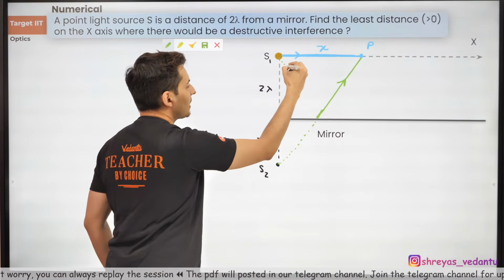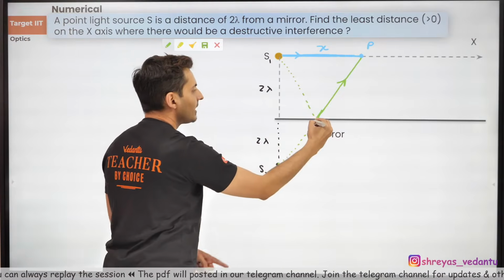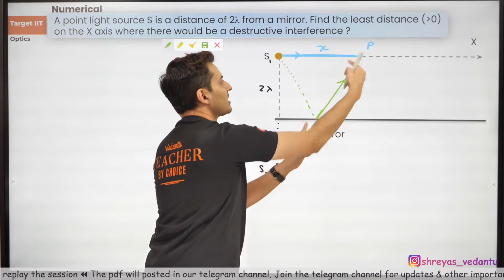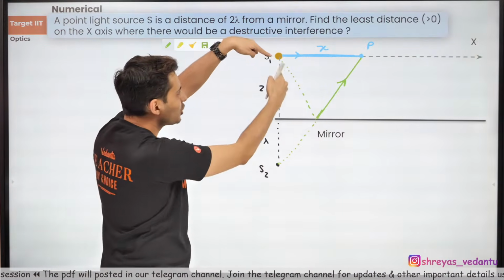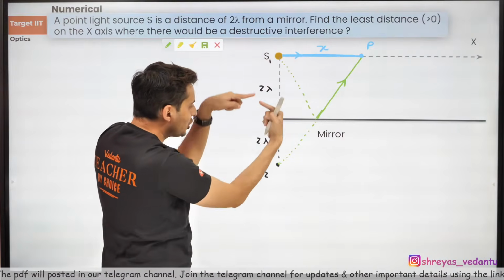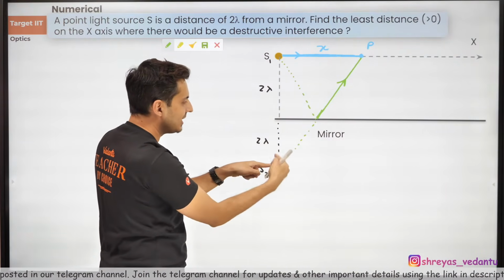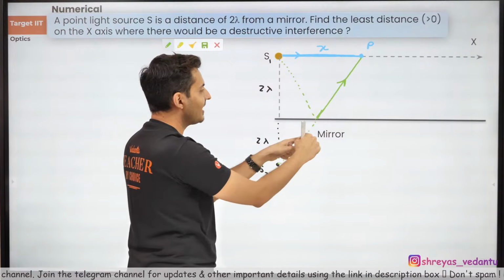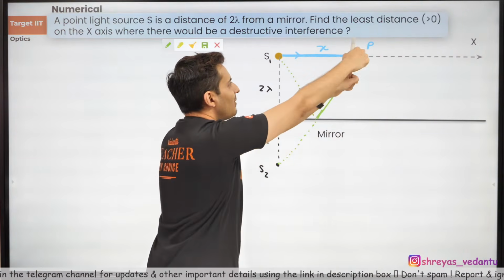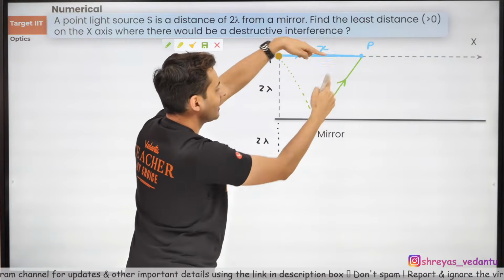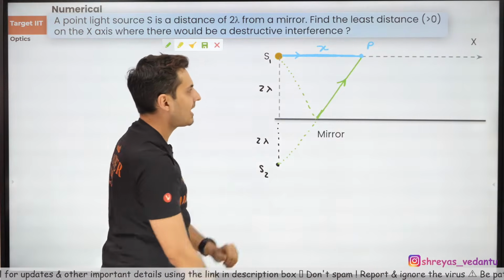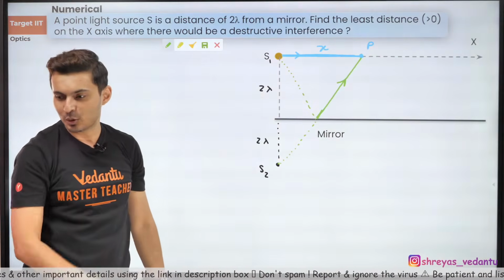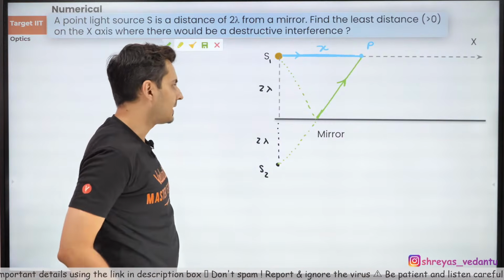The ray actually comes like this, gets reflected and reaches point P. So instead of showing it like this, I assume another source behind the mirror at the same distance, which is again coherent, and the rays are coming from here, and both of them are meeting at this point, and that's why the interference is happening. So that's the first trick to be used. Alright, keep this in mind.